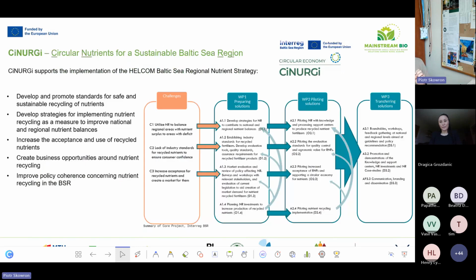And the second project, where we take part as a partner, is Synergy, Circular Nutrients for a Sustainable Baltic Sea Region. It's an Interreg project strongly supported by HELCOM.